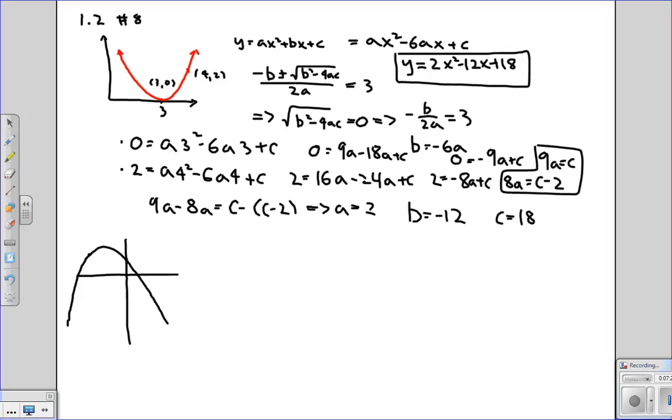But in any case, with 3 points, we ought to be able to figure out the quadratic equation because there are 3 unknowns. So the points are (negative 2, 2), (0, 1), and (1, negative 2.5).